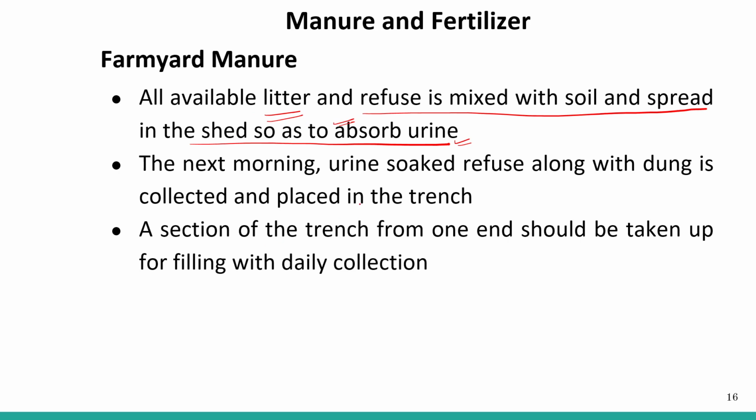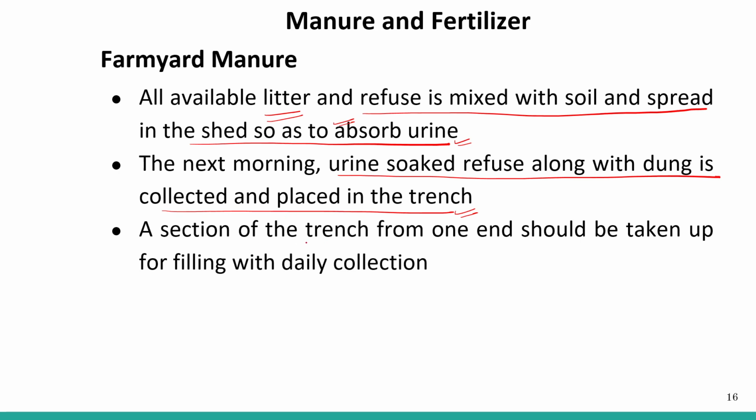The next morning, the urine soaked refuse along with the dung is collected and placed in the trench. Again, we can collect all that soil having the mixture of litter and other wastage, and also, very important, urine, which can get collected and be put into this trench.